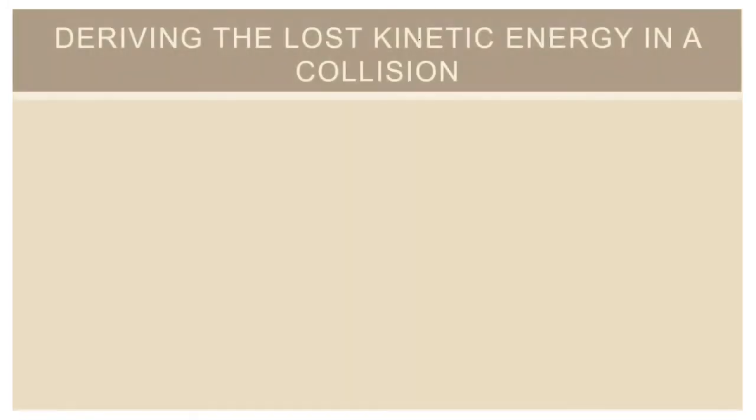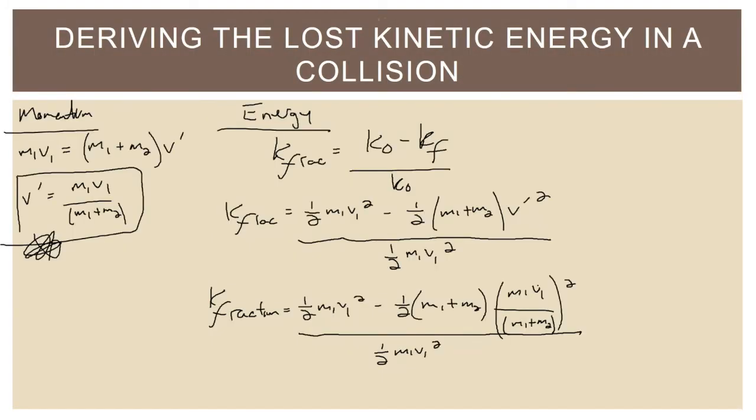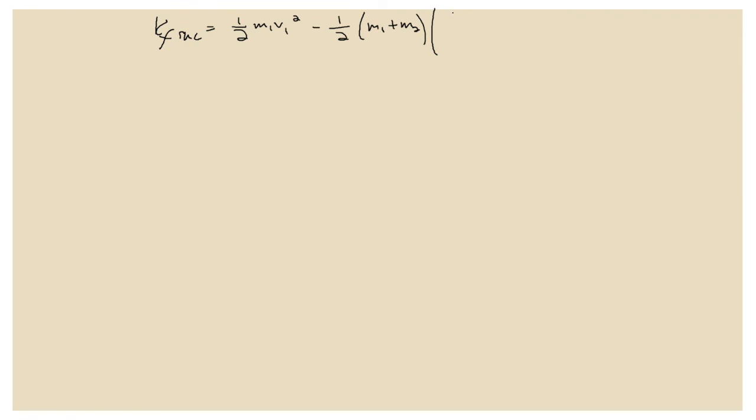And then notice here what I subbed in was m1 v1 over m1 plus m2, and I have to square the whole thing. That's going to give me an m1 squared v1 squared on the top, and then I've got to square this sum. So I have in the numerator m1 squared v1 squared over, and I'm just going to keep this as m1 plus m2 squared.